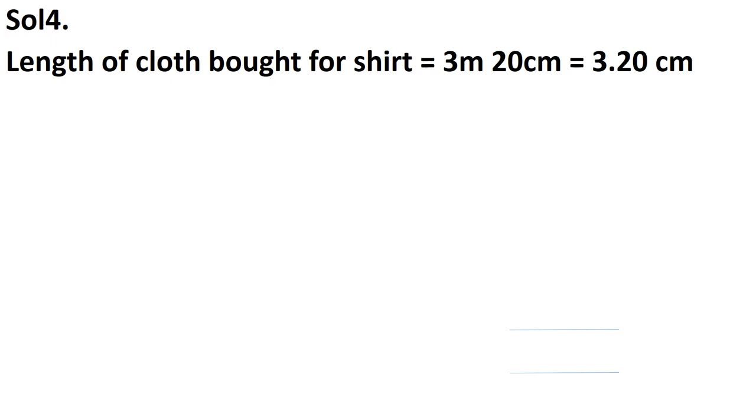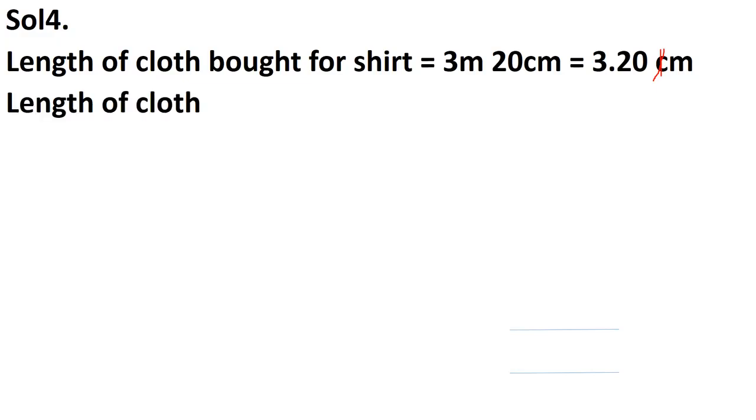Here is one mistake beta. Let me tell you, just wait. Here meter will come. Okay, when we convert into decimal form, so bigger unit will come. It is 3 meter 20 centimeter. So it is now 3 decimal 20 meter.